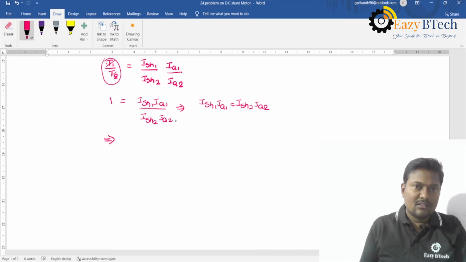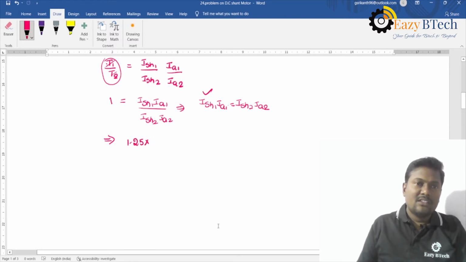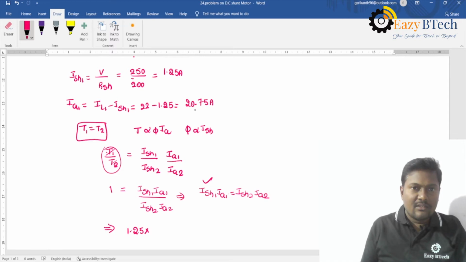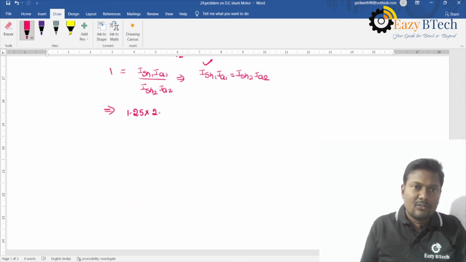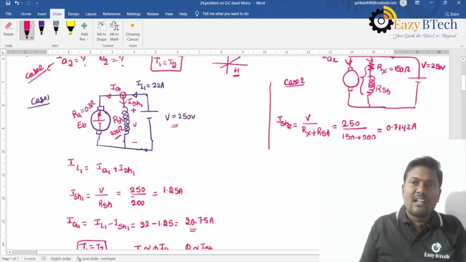ISH1, the ISH1 value is 1.25 into IA1. The IA1 value we are getting is 20.75. So 20.75 should be equal to ISH2, which we are calculating by adding an external resistance in series with the field.